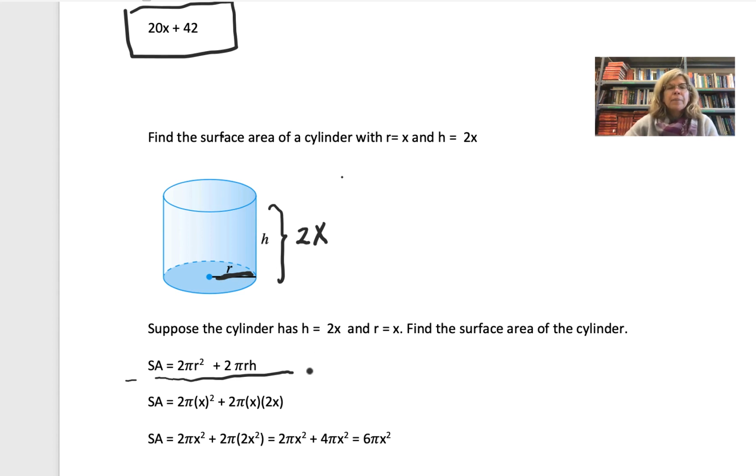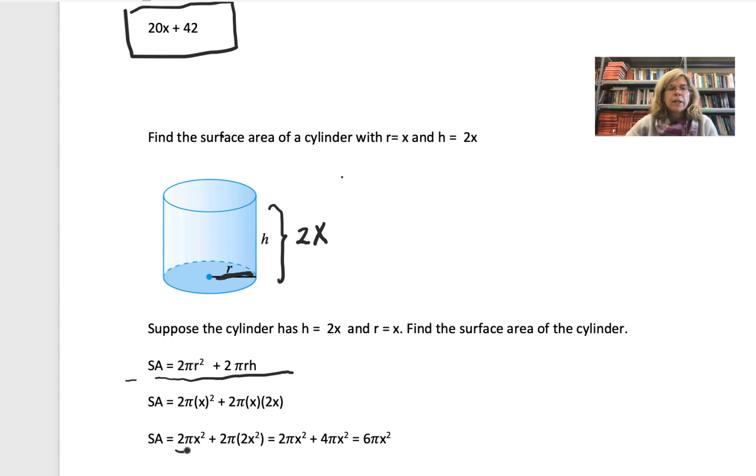So anyway, if you plug in the numbers, so now you have 2 pi, instead of r, we're going to use x. So 2 pi x squared plus 2 pi, and r is x, and h is 2x. Okay, so then we have 2 pi x squared plus 2 pi x times 2x.